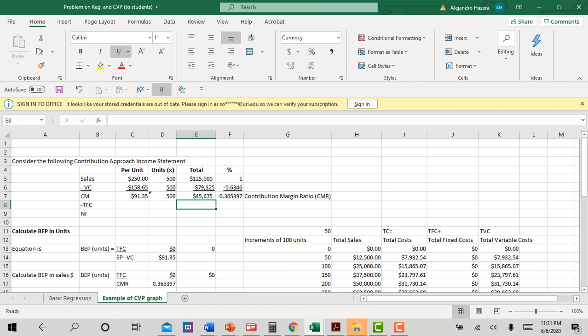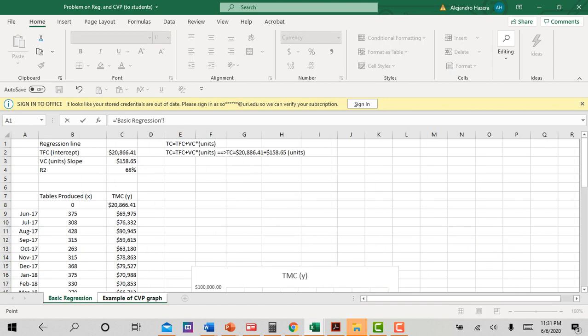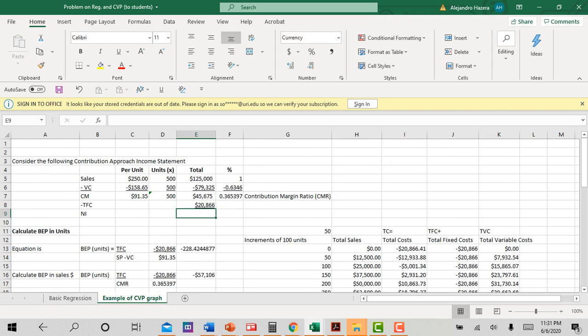And the total fixed costs, I'm going to get back from this basic regression line that I have here. My total fixed cost will be 20,000, and I'm going to make that negative, obviously, because those are costs. This is a little contribution approach income statement.